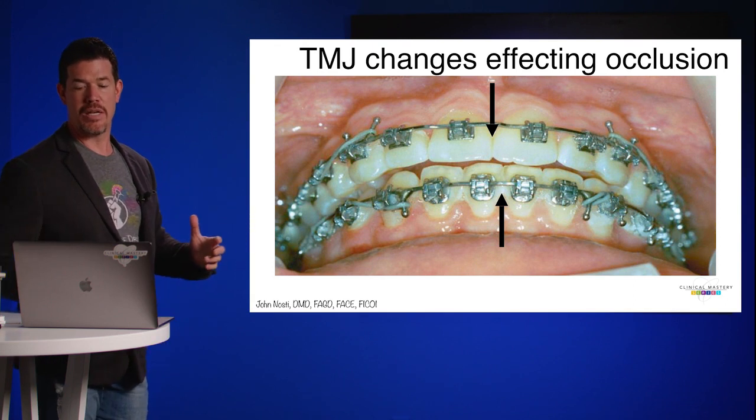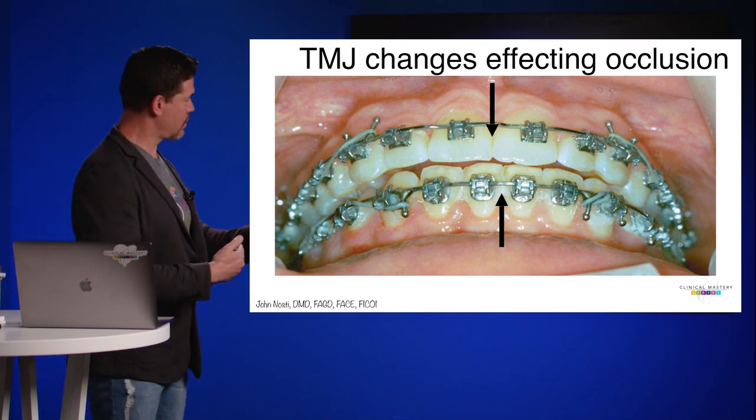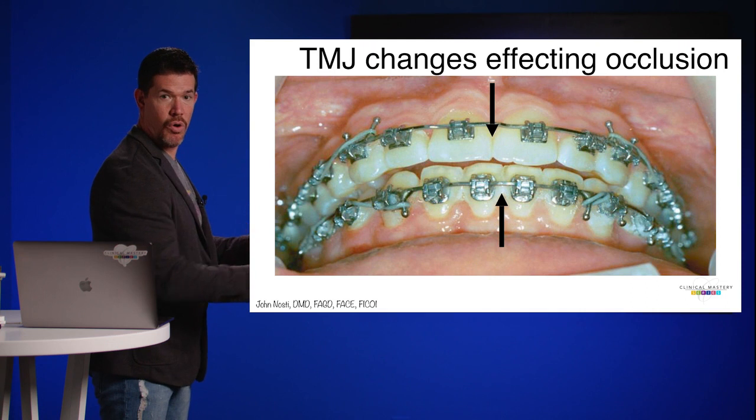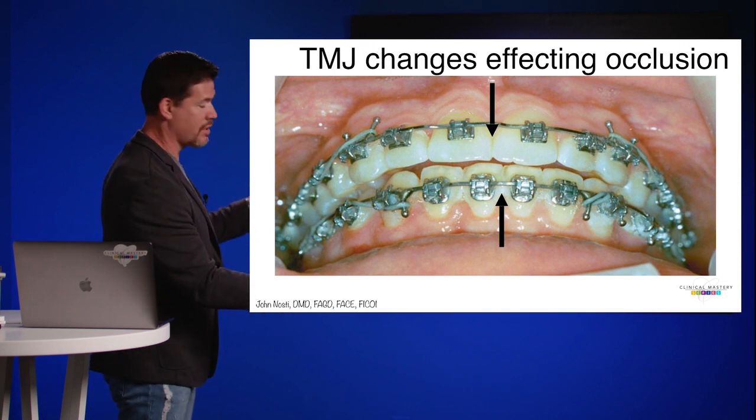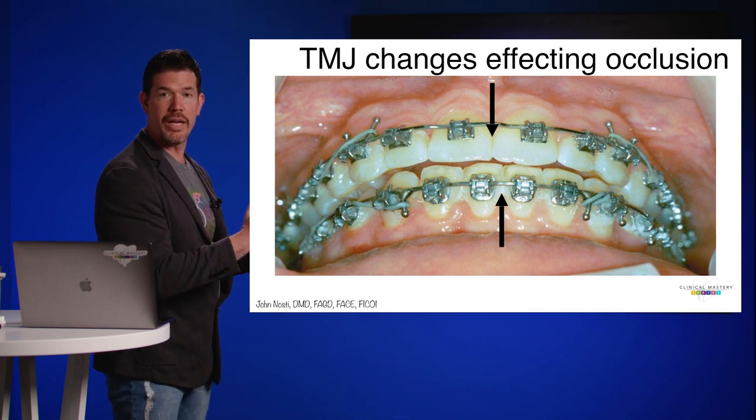Now, in my opinion, having the midline discrepancy that we see here, all the way to the left, and having that open bite, it's because space is lost between the bone of the jaw and the bone of the skull. The mandible, when space is lost, your condyle goes up and back, your bottom jaw goes back and opens up, and we see an anterior open bite.